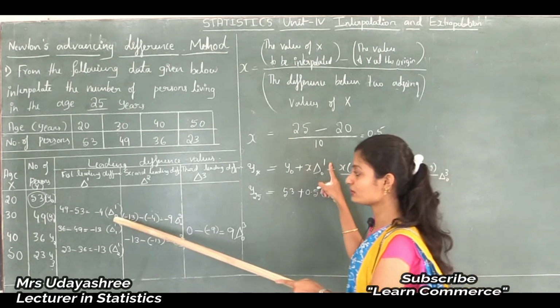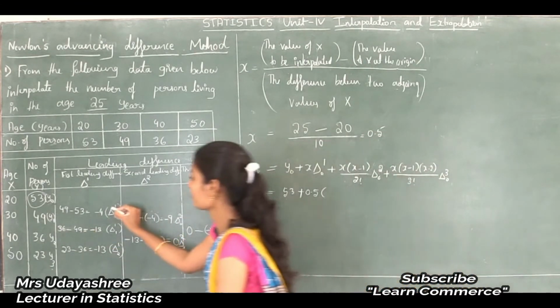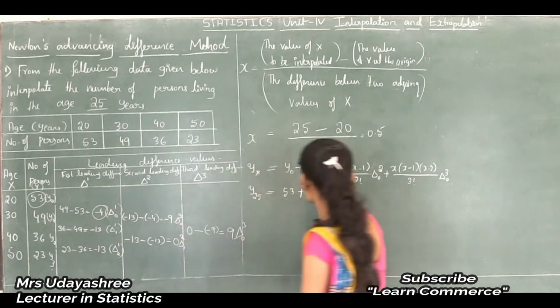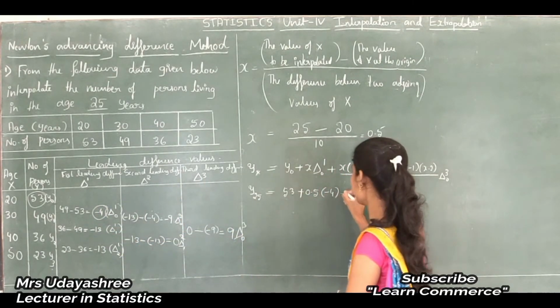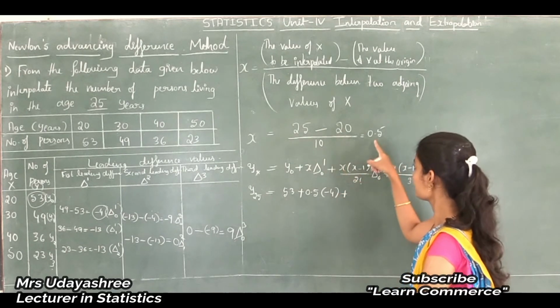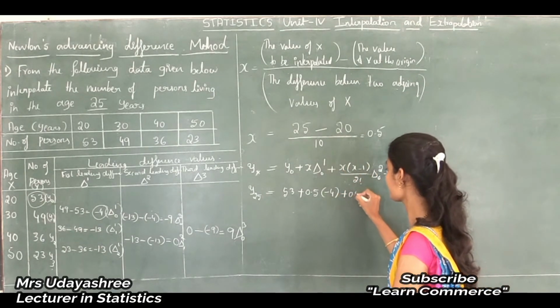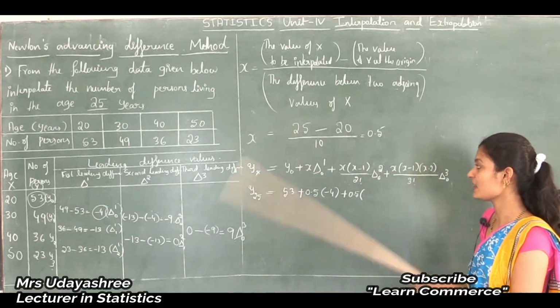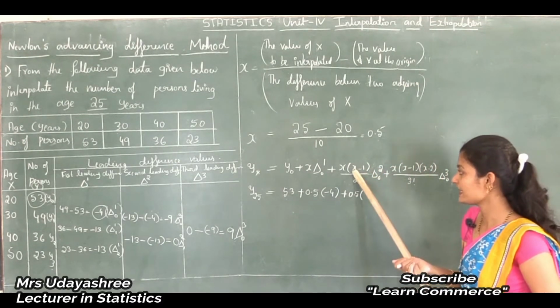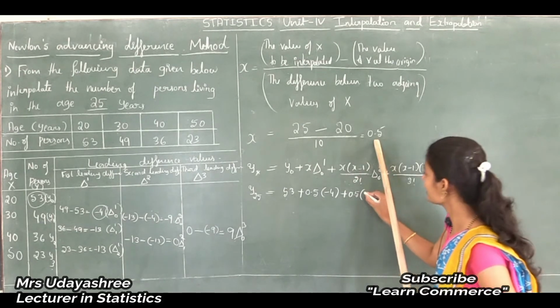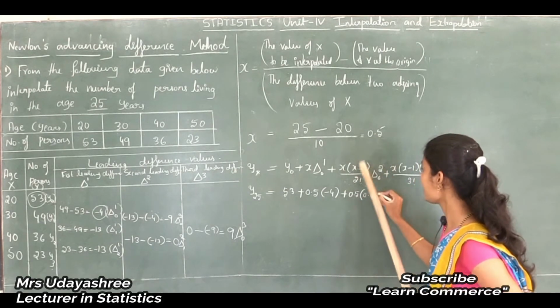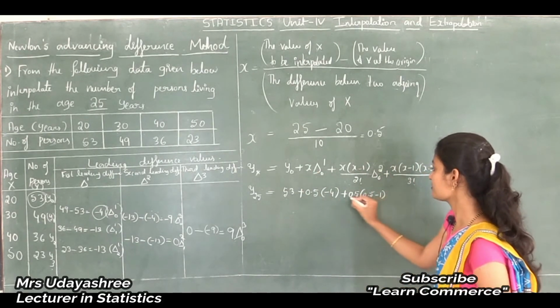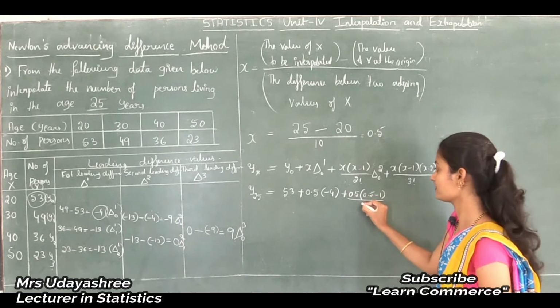Delta naught 1 value is minus 4, plus x, which is 0.5, into x minus 1. To write x minus 1, in the place of x we write 0.5, then minus 1, divided by 2 factorial.